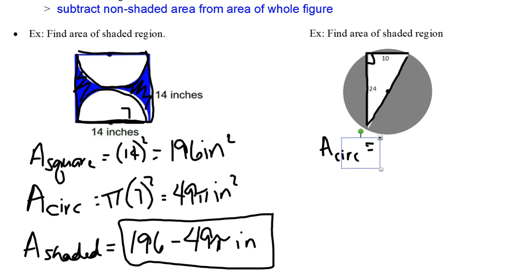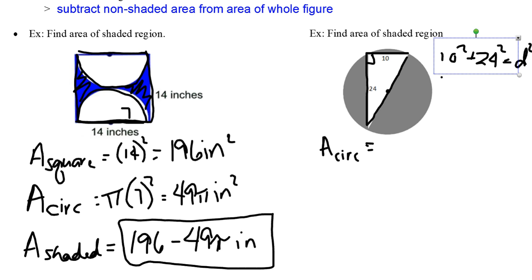And I know the other two sides of the right triangle. So if you remember right triangles, if we know two sides, we can find the third side using the Pythagorean theorem, that a squared plus b squared equals c squared. So I've got 10 squared plus 24 squared is going to give me my diameter squared. And when we solve this particular problem, this is 576.